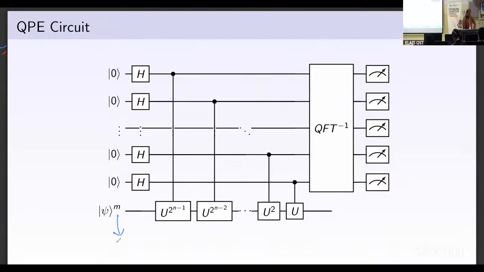If the basis increases or if the molecule size increases, the value of m will increase. So m depends on the system size. If we go to bigger and bigger molecules, the m will increase, and this also depends on the precision that we want.